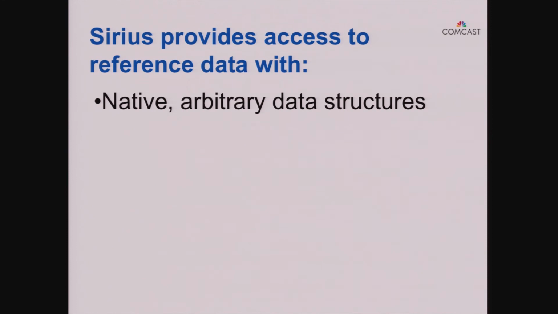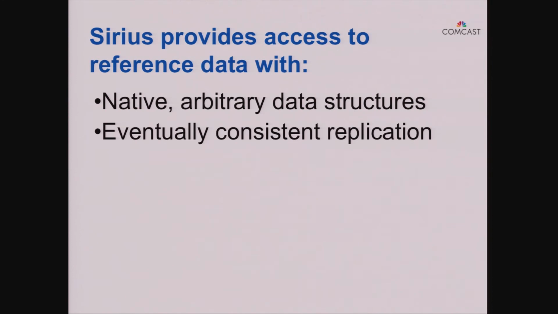There are lots of products that have what I call magic hash tables, where as long as you can put things in the hash table, the hash table will magically replicate it everywhere. And actually that's real, so don't get me wrong, that's a very common and useful use case. But we did find situations where we needed custom data structures to get the kind of performance that we wanted in accessing this reference data set. So this fact that these are native arbitrary data structures was really important.